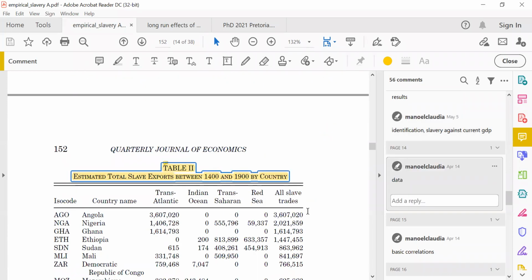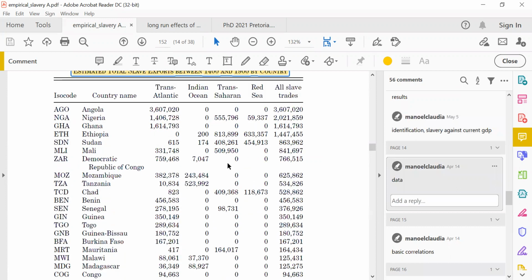Table 1, or table 2, in fact, that's the summary of the data, right? With the names of countries, the World Bank ISO code, and the country name. You can see that Angola is the place that exported the highest number of slaves, essentially to the transatlantic slave trade, mostly to the northeast of Brazil.